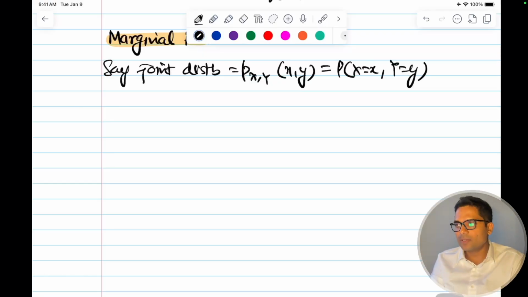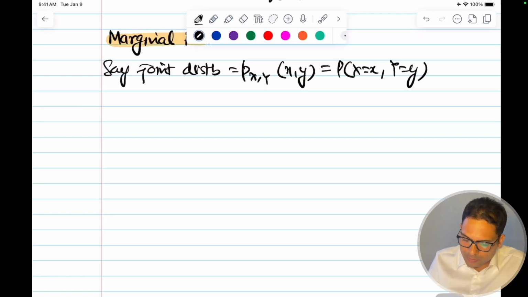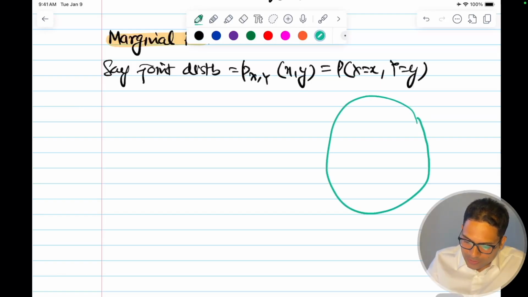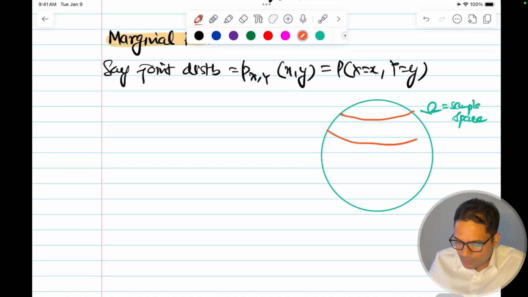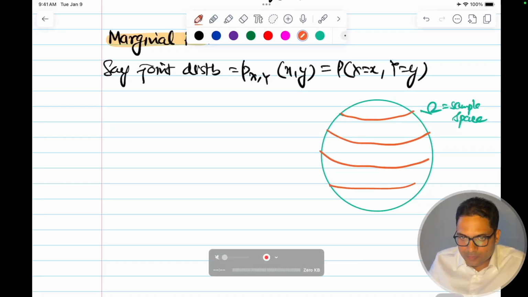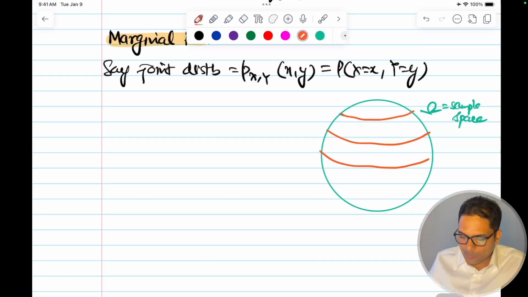So how did we do that in case of two variables? Here, for example, all the possible values. Let me draw it. This is an intuitive understanding. This is my sample space, this is my omega sample space. And say these are my possible values of y: y1, y2, y3, and so on till yn.